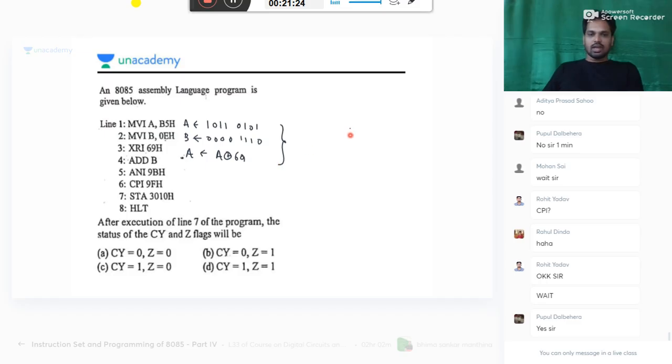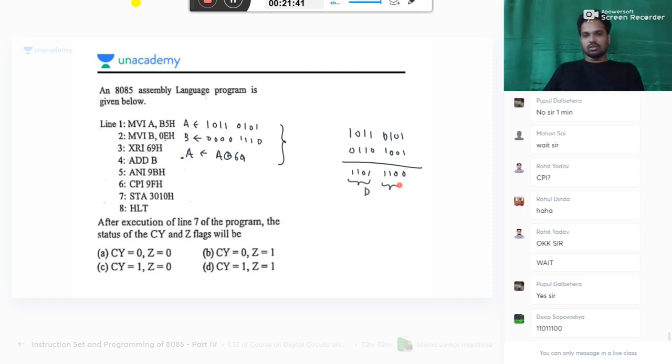A is 1011 0101, and 69 is 0110 1001. The result is 1101 1100, that is DC.